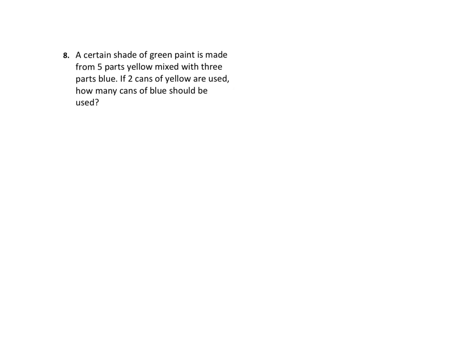All right, our last one here. It says a certain shade of green paint is made from 5 parts yellow mixed with 3 parts blue. If 2 cans of yellow are used, how many cans of blue should be used? All right, well, let's take a look here.